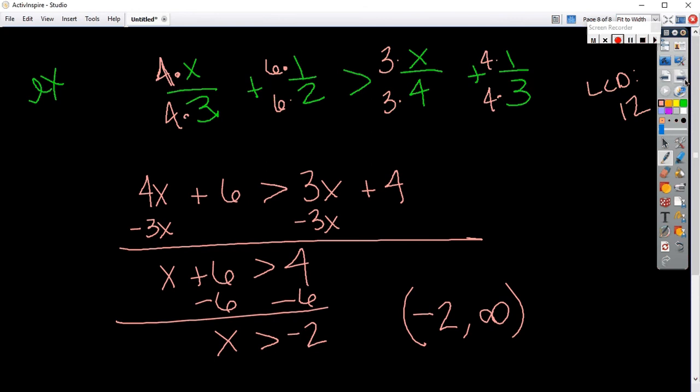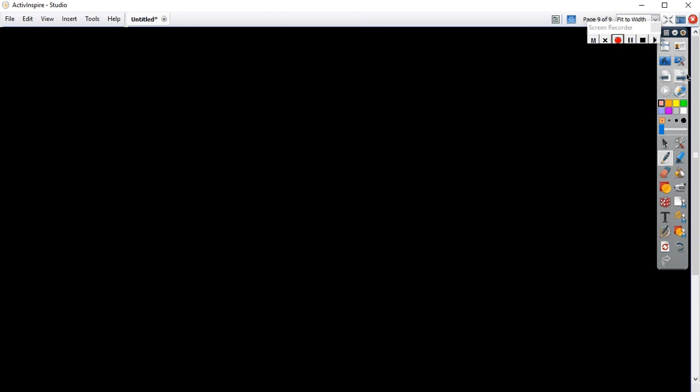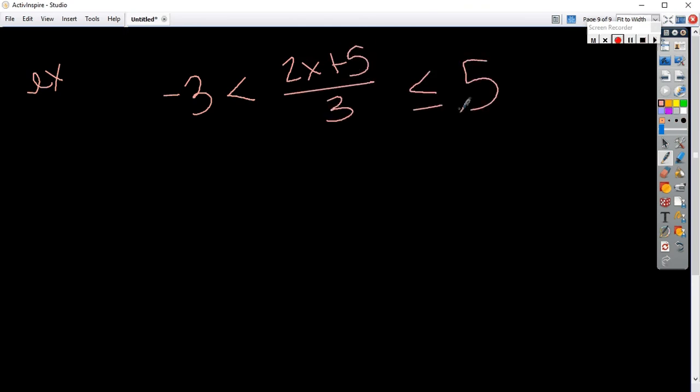Last one, very last one, I promise. What if I have a double inequality? In other words, what if I have something that looks like this? How do you solve an inequality that looks that way?